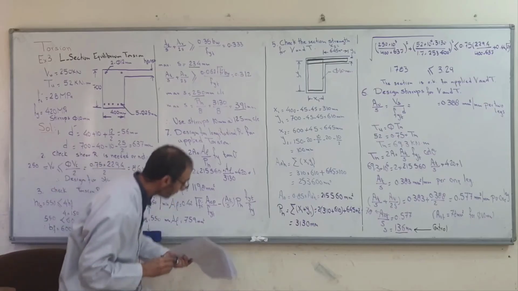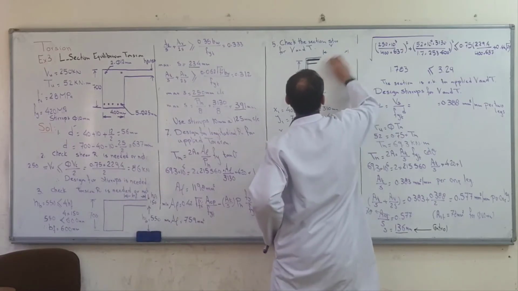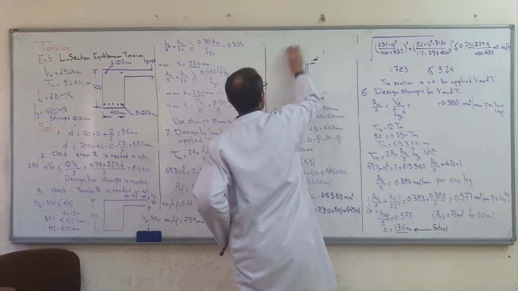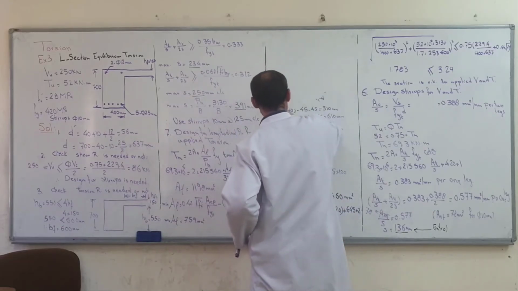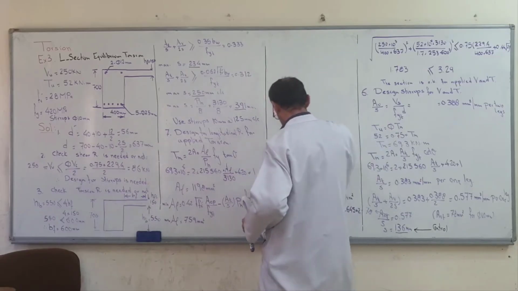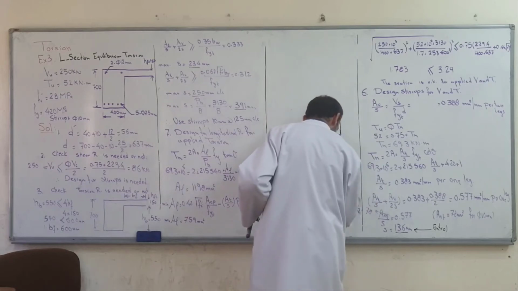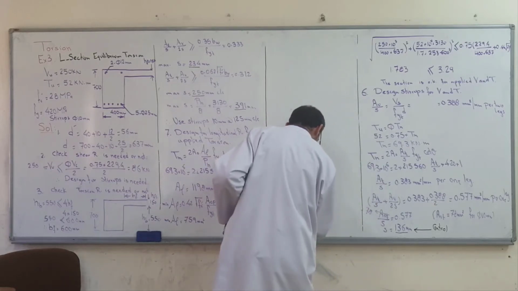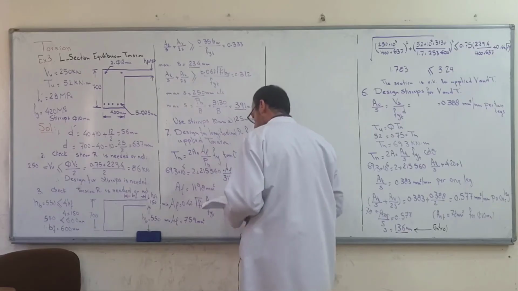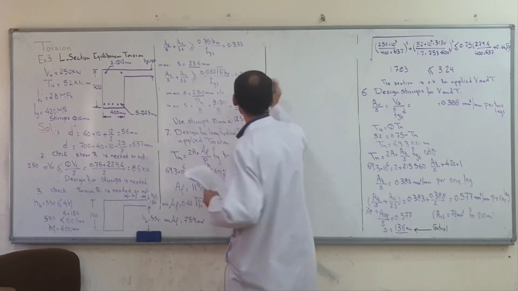The other minimum, the second equation for the minimum Al: we have two equations.